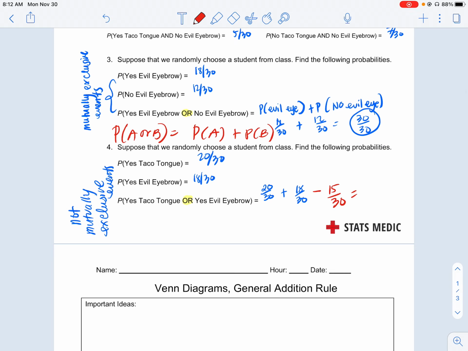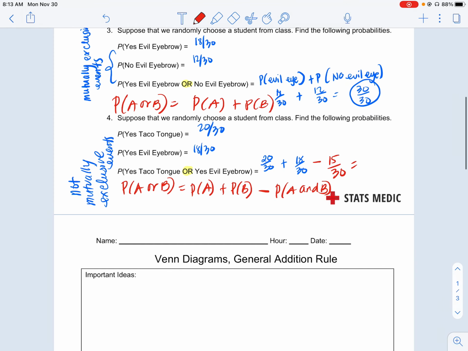But if they can happen together, then the formula for OR changes into P of A plus P of B minus the AND portion. We're subtracting the two things that are happening together. Is that making sense, you guys? Okay, let's have another example.